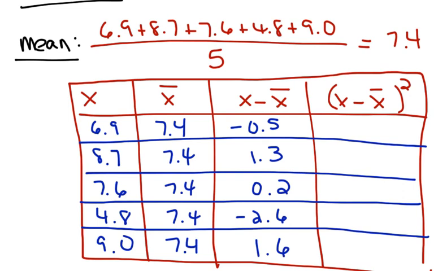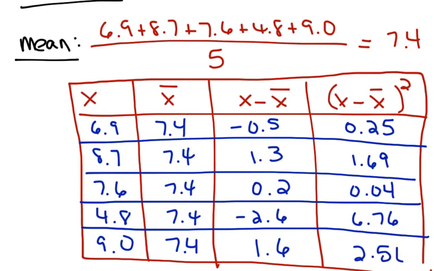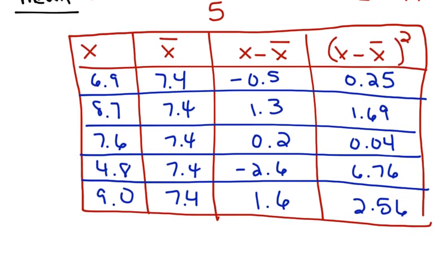The fourth column is the square of all those differences. Remember, when you square a negative, it becomes a positive. So I should get 0.25, 1.69, 0.04, 6.76, and 2.56 when I square those.